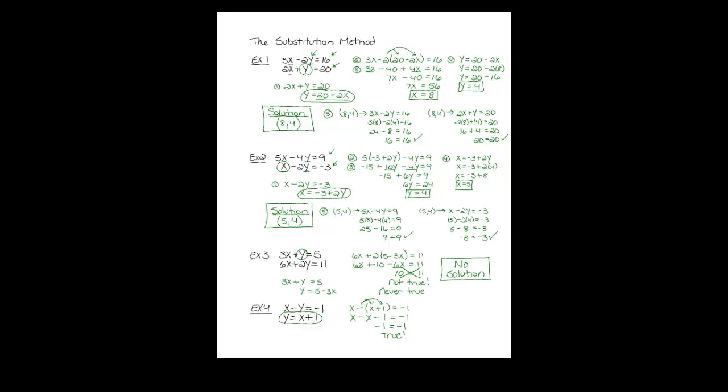That is true. And there are no more x's left in the equation, so no matter what x is, -1 is always equal to -1. It's always true. So in this particular case, you have the situation where there's infinitely many correct solutions.